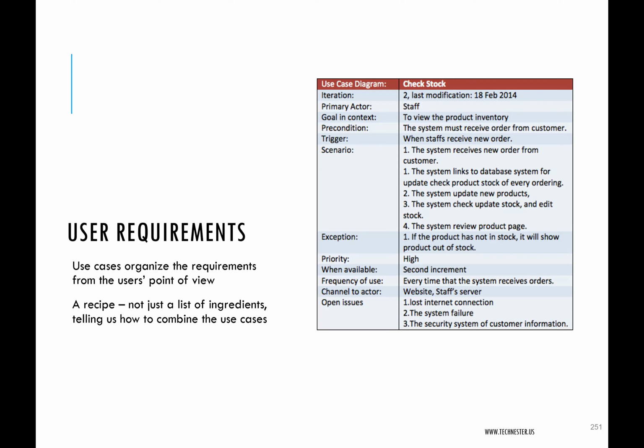When you combine it with the narrative, that's when you have that complete recipe. If you just have use cases, like in the case of the diagram, then what you have is a list of ingredients. You're just telling us what will be contained in the system or the things the system will do. We are not telling us how the system will do it. So with the narrative, we get that full message.